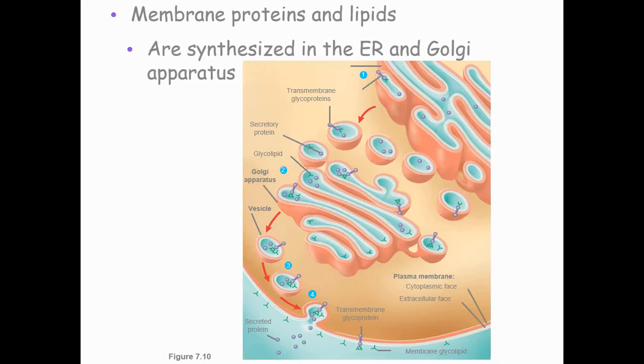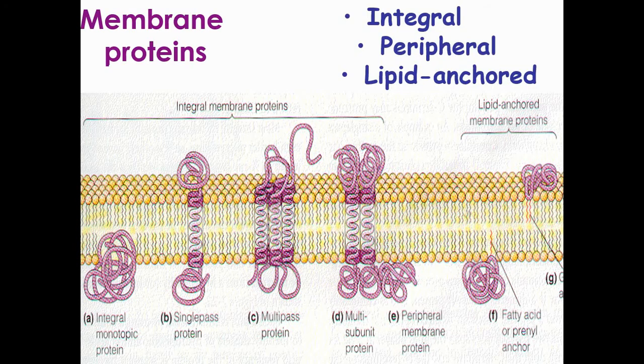Okay, so membrane proteins and lipids are synthesized in the endoplasmic reticulum and the Golgi apparatus. For these membrane proteins, as you can see, the membrane proteins are all alpha helix. That's what the alpha helix means. So these are the integral membrane proteins.